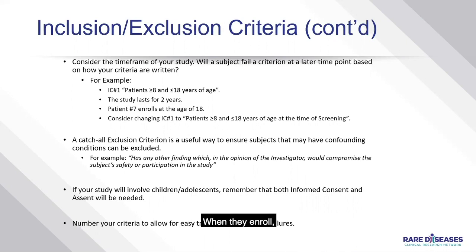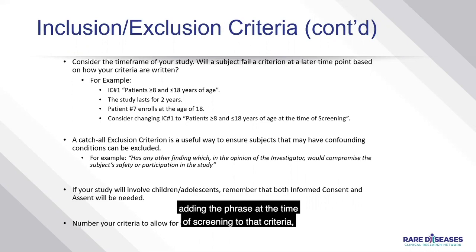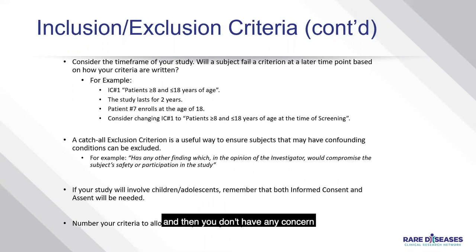When they enroll, they are within that criteria. But if the study lasts 2 years, then by the time the study ends, they would technically be outside of that criteria. So a good way to fix this is to consider adding the phrase "at the time of screening" to that criteria, and then you don't have any concern about the duration of the study.